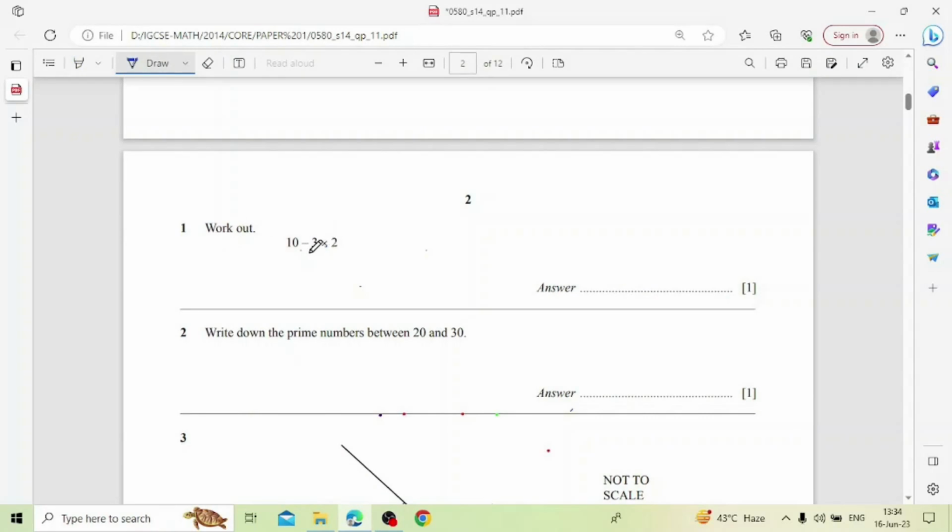Work out 10 minus 3 times 2. When you have to simplify such a question, first we go for the arithmetic signs. Symbol is multiplication, symbol is minus. So we are going to follow BODMAS here.